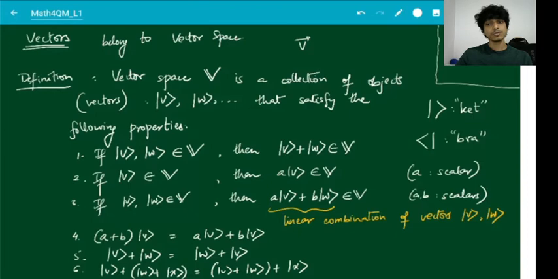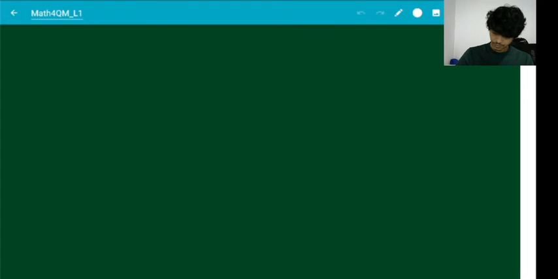Now here come two very important properties, and let's put them on the next page. In any vector space, there exists a null vector, and we will denote it by 0.